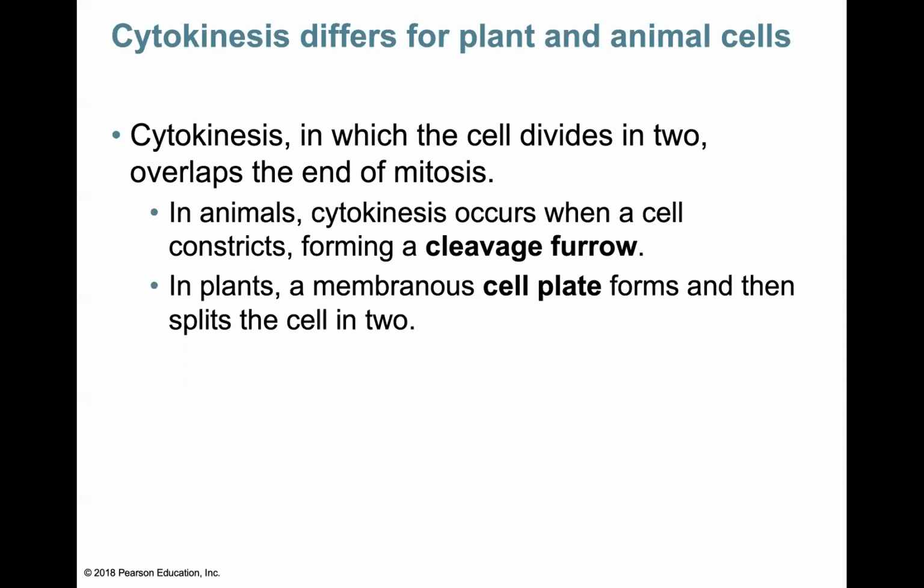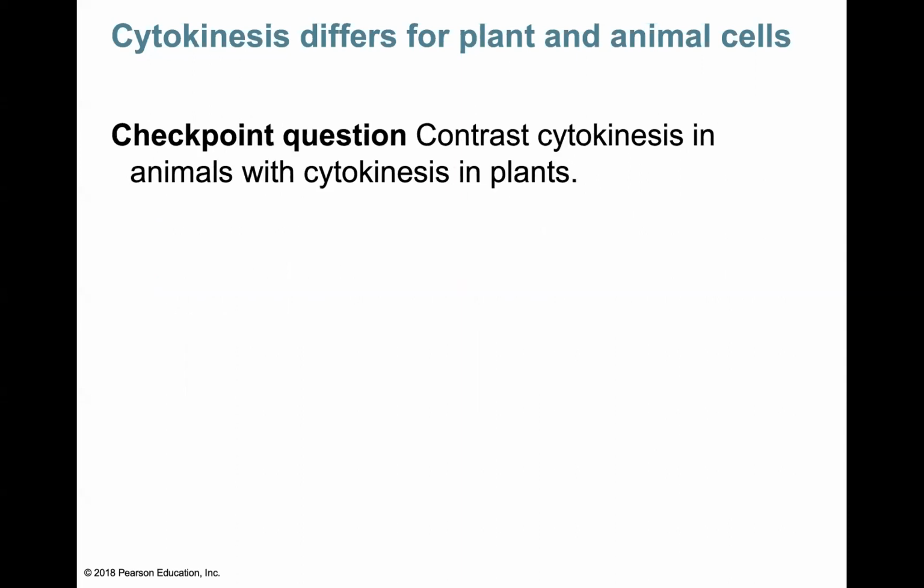In animals, cytokinesis occurs when a cell constricts, forming that indentation that we saw, and a cleavage furrow forms. However, in plants, this structure is a cell plate. A cell plate forms, and then the cell splits into two. So to recap, cytokinesis differs in plant and animal cells.